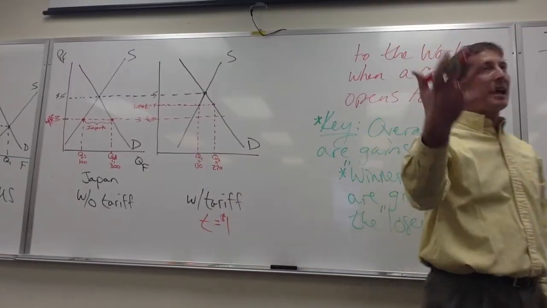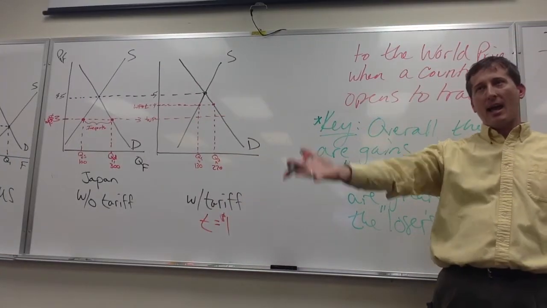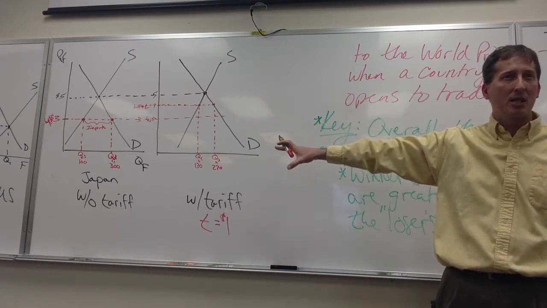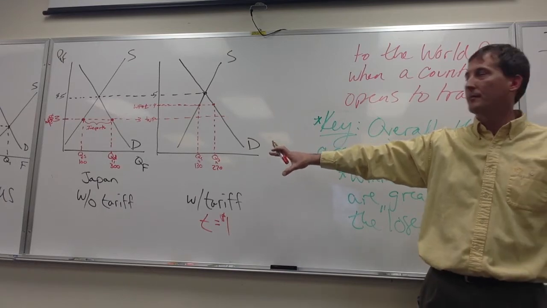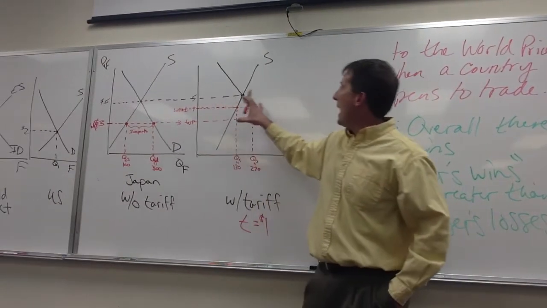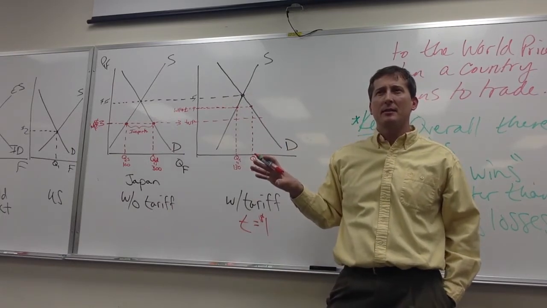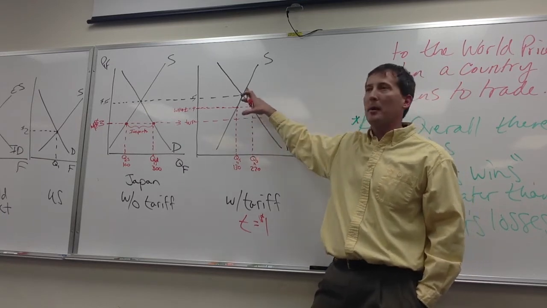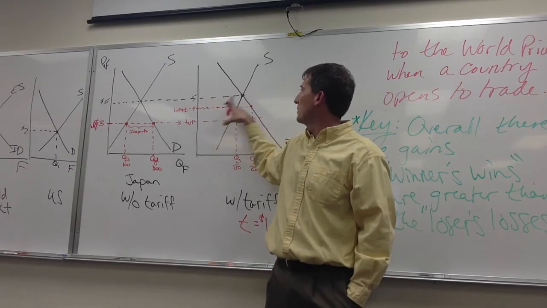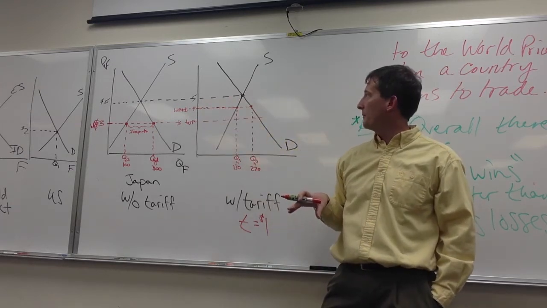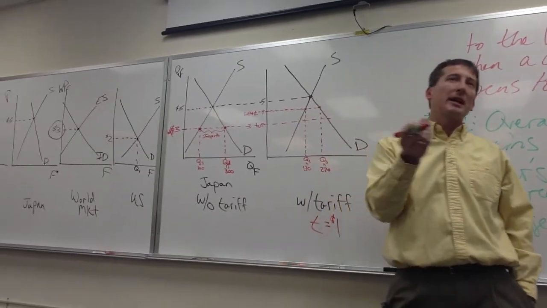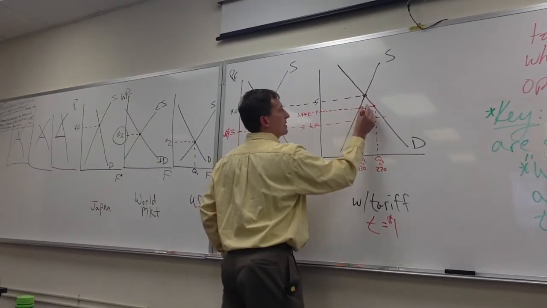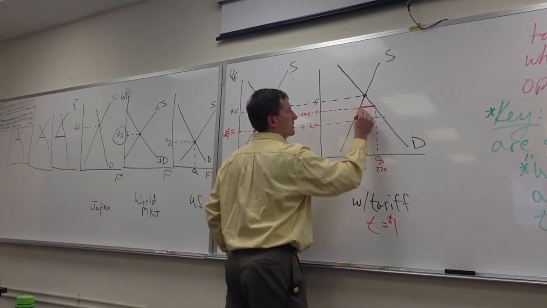So if the intent of the tariff was to help domestic producers in Japan, was it successful? It was. Now, at what expense? Consumers, right? They're paying an extra buck more, and producers are ramping up production. Now, the tariff ends up bringing in some money too. So the quantity of imports is now this horizontal distance.